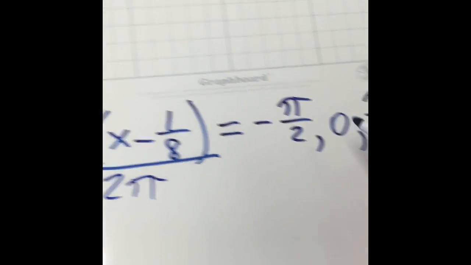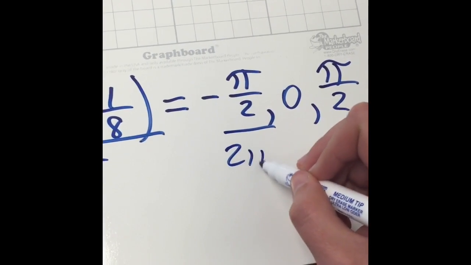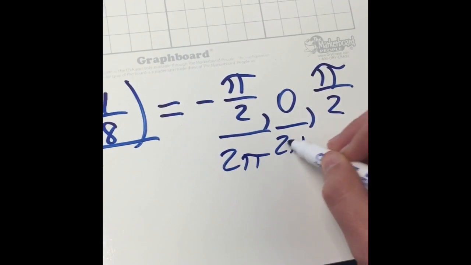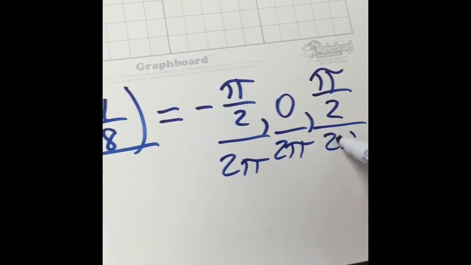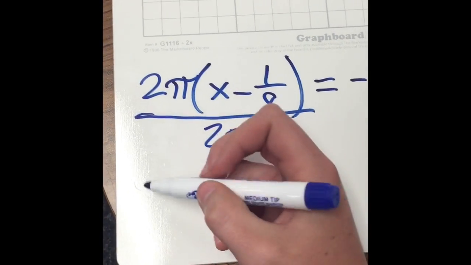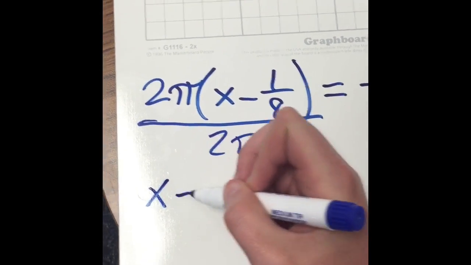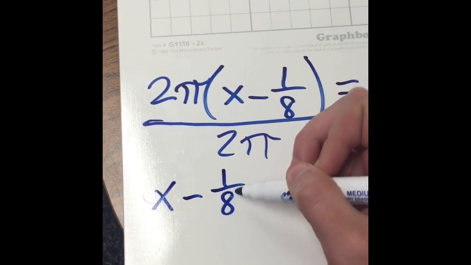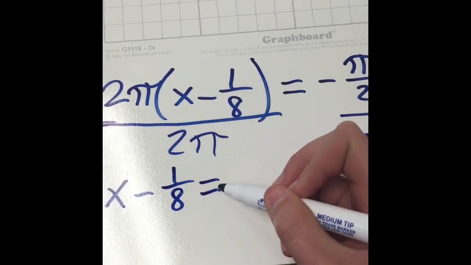Now first you need to divide by 2 pi, because we want to get x alone by itself on one side. So then it's going to be x minus 1/8 is equal to all the answers you get.